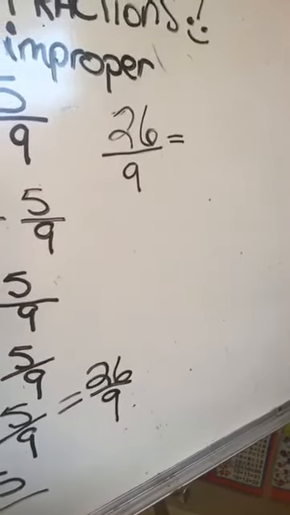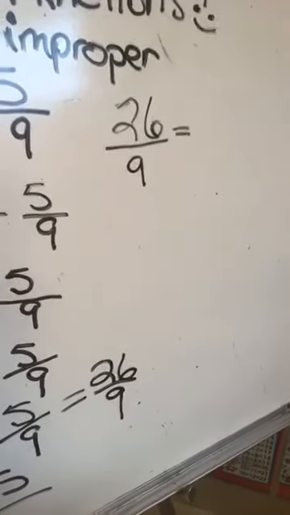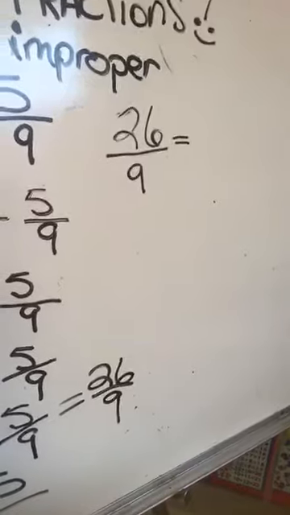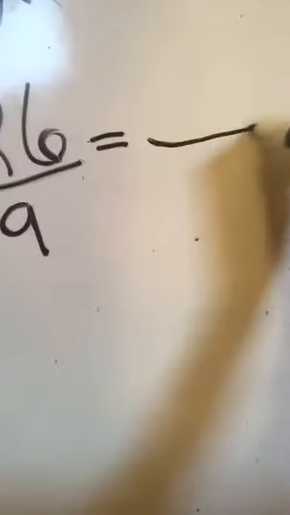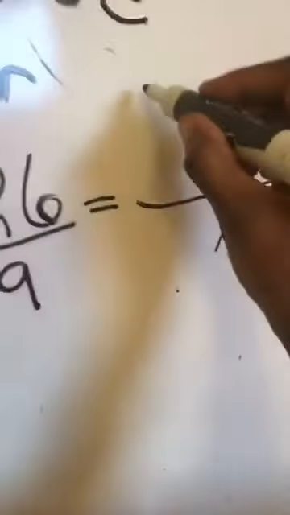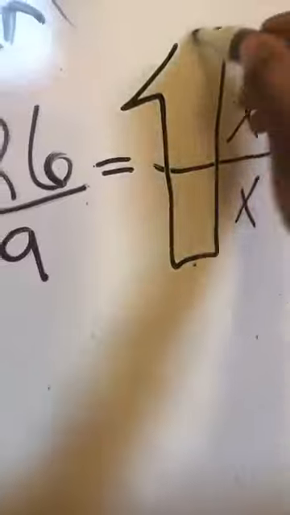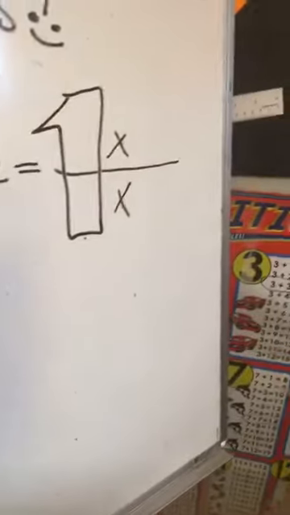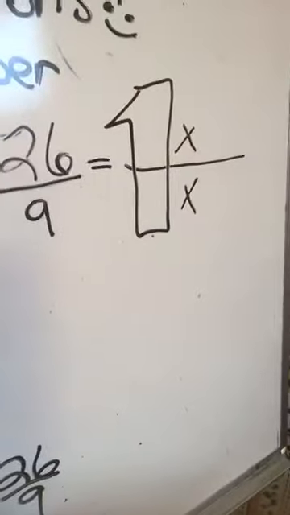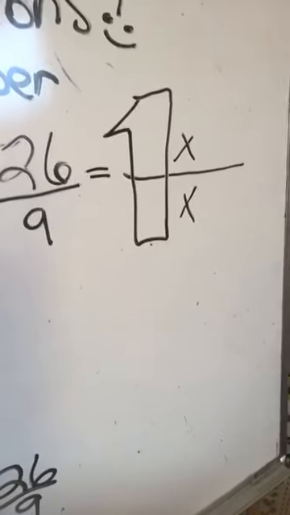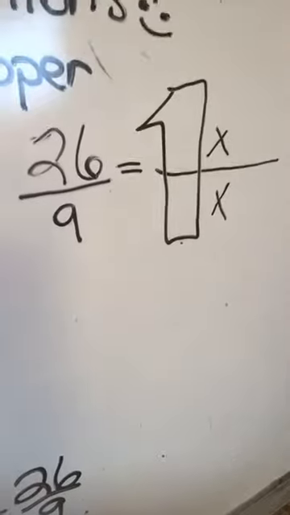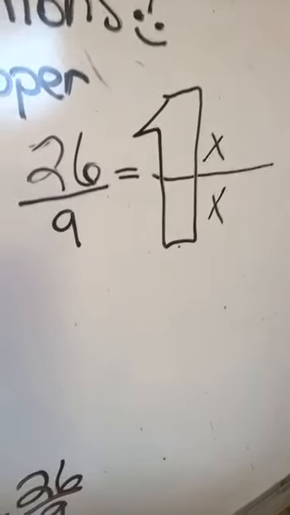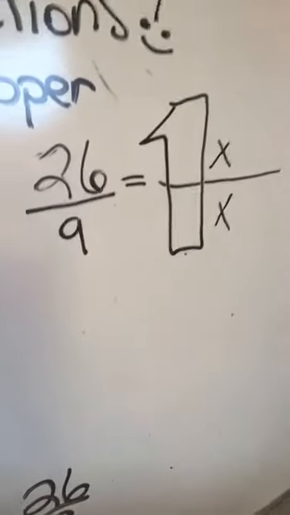Back to the problem. So how do we reduce or make 26/9 smaller? So let's test it. We first must, that's my number 1, test and see what multiplication factor in the numerator and in the denominator.